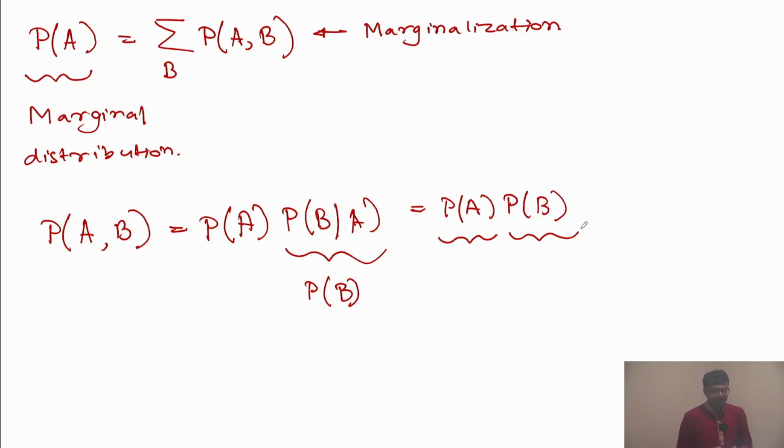Do we just assume independence at the starting, or do we do some sort of test before assuming independence? Both. There are some models which work based on this assumption. There is a model known as naive Bayes. The naive Bayes algorithm works on the assumption that things are independent.